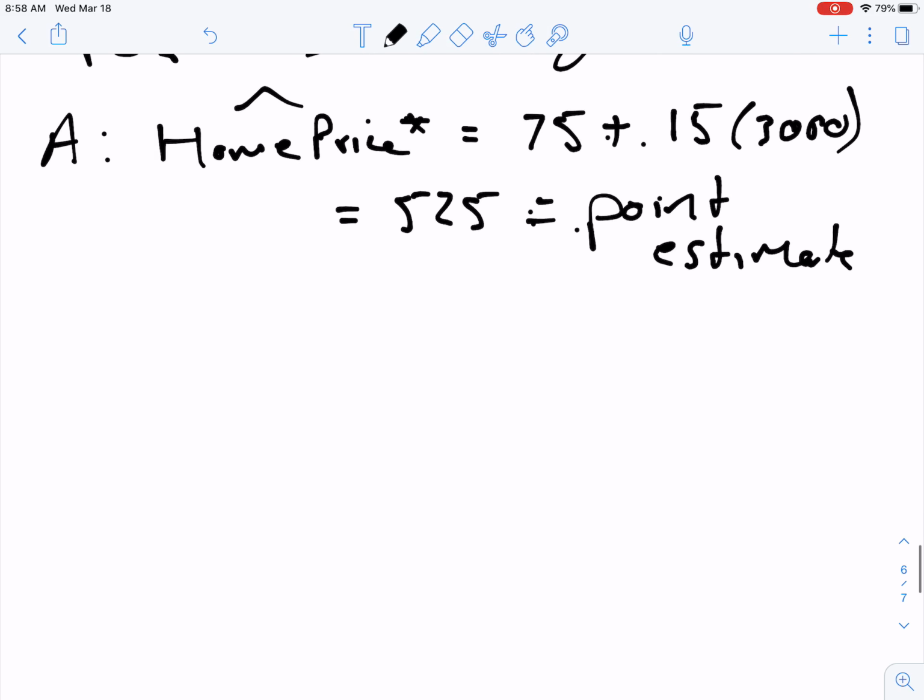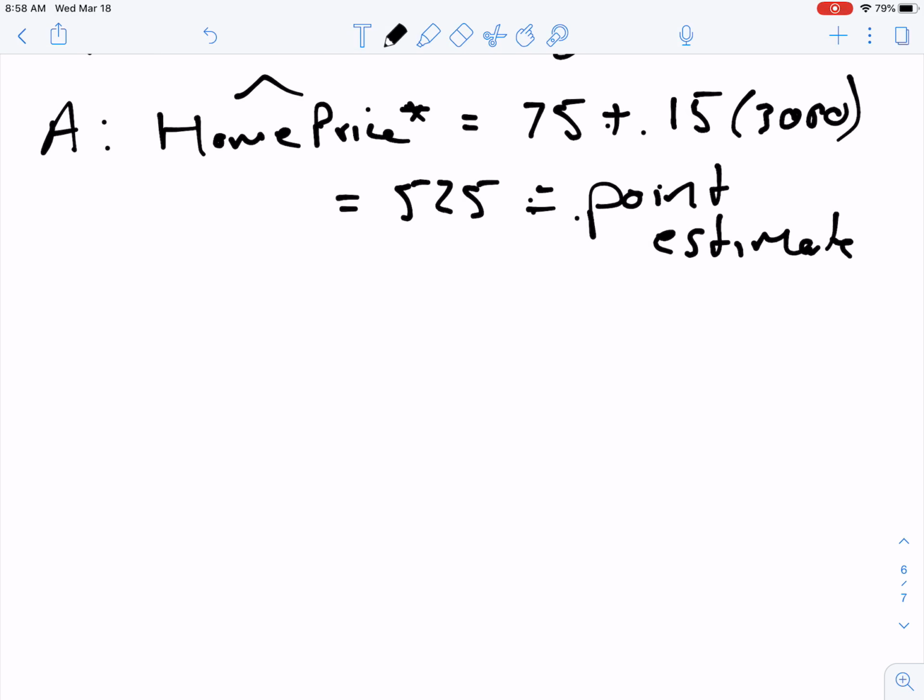Now our interval estimate's going to get a little trickier here because now we're going to have the standard error for y star. Notice I'm not putting y bar there now. I'll just put y hat star because before we were looking at the sample average, which we knew was on the graph. Now we're looking at this 3,000 value for x, which is not the same as the sample average. So now we've moved away from the sample average.